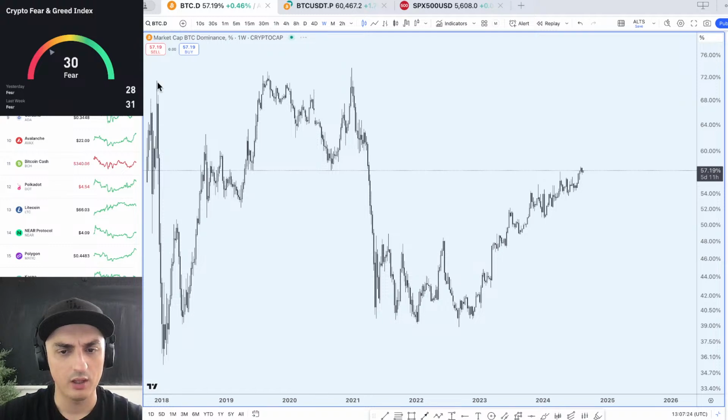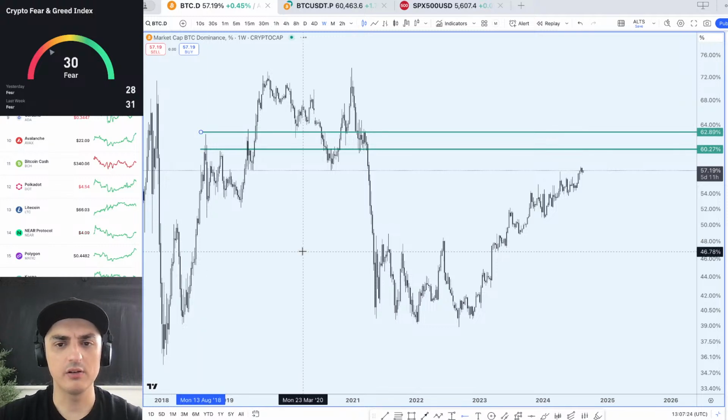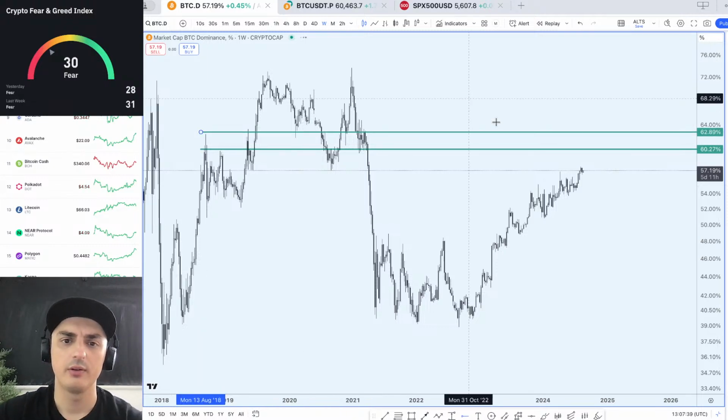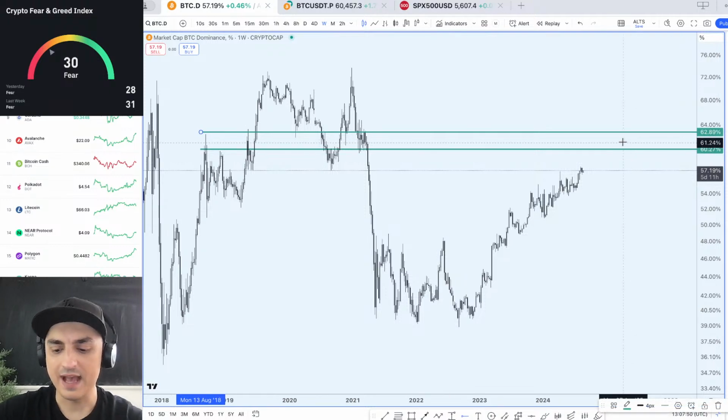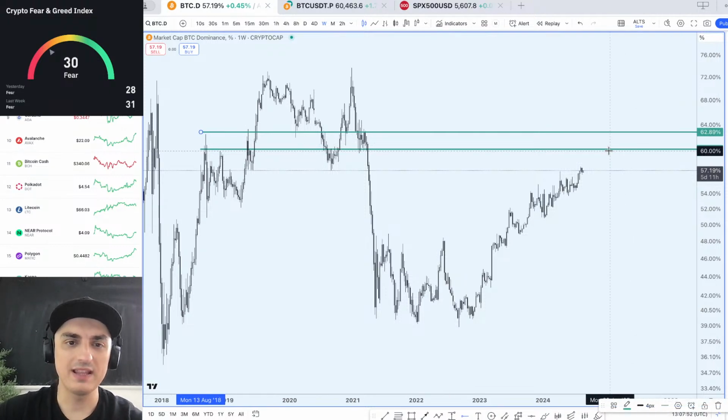So the ultimate level that I think is going to impact the markets a lot is around 60 and 61. This area is going to be a major player on the crypto market and a major player for altcoins. If we reach this area, that is going to be a tremendous opportunity for taking some strong altcoins on the market.